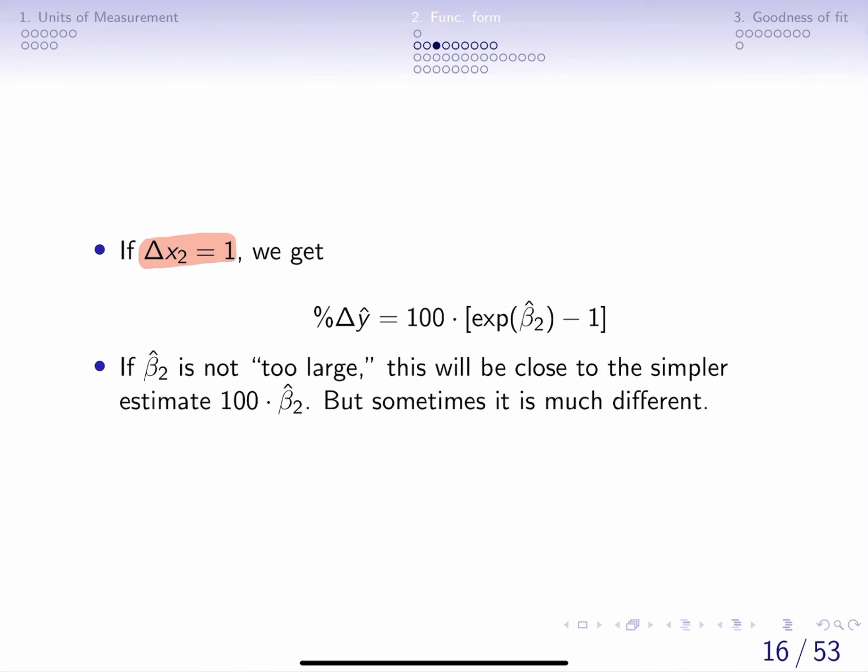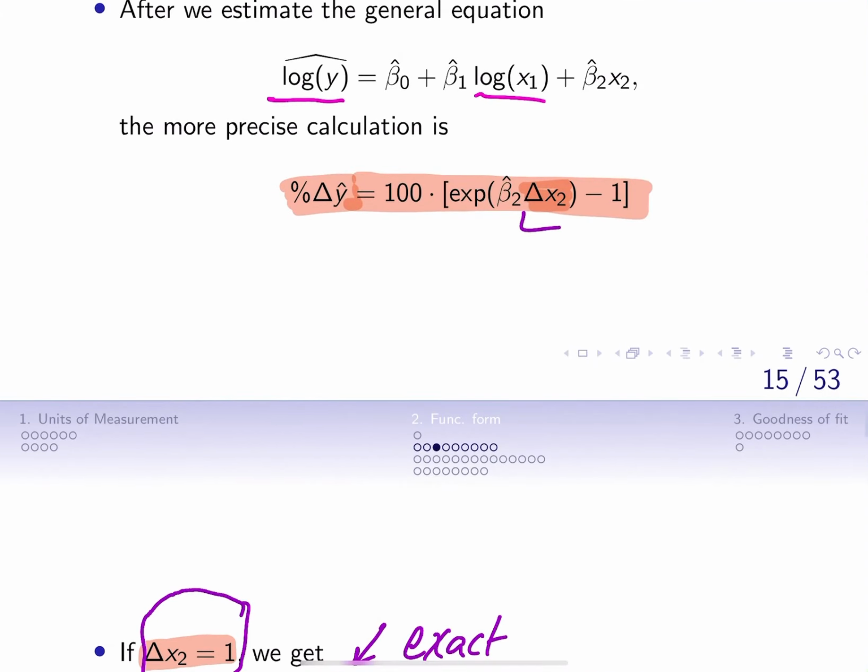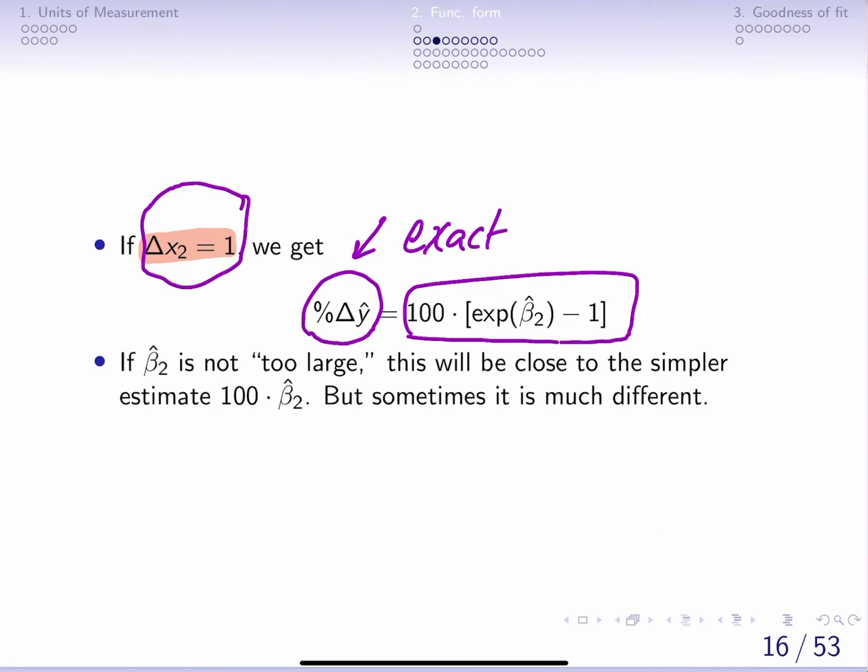If the median number of rooms were to go up by 1, we can calculate the exact percentage change in home prices, y, by using this formula. Notice here we had change in x2 and we've just plugged that equal to 1. So this is why we have this expression.